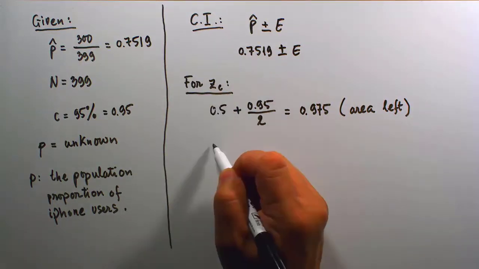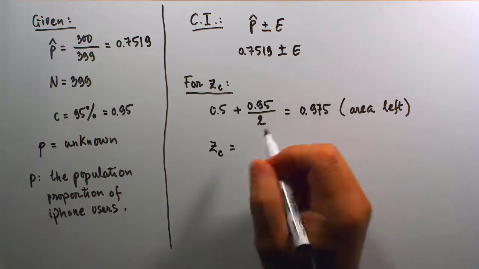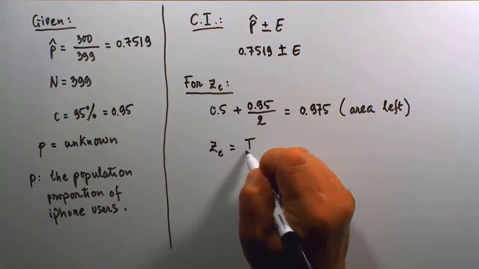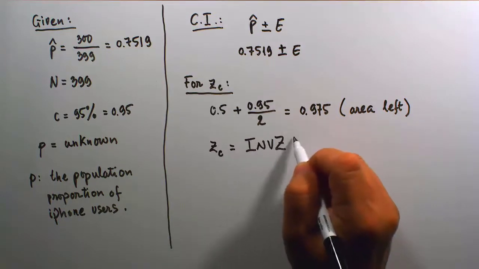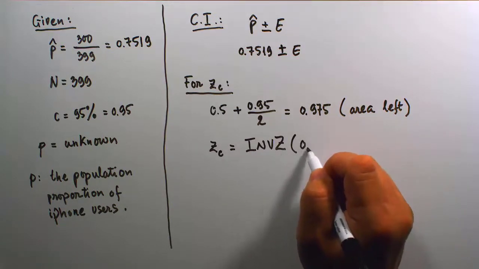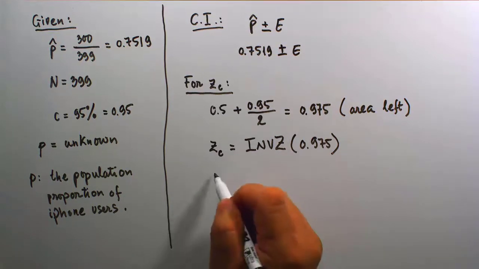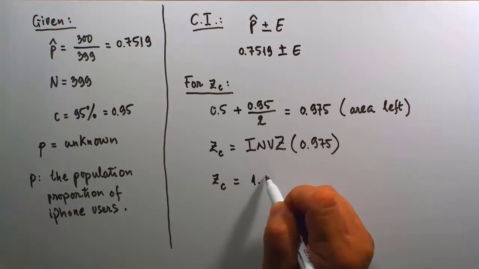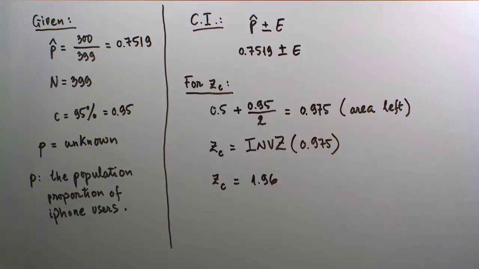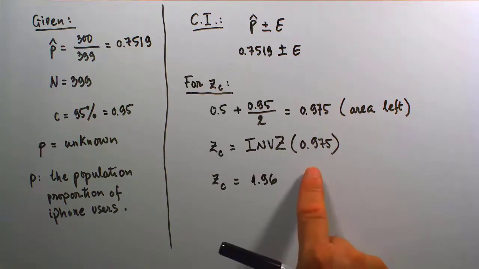And so our final z sub c is going to be the result of running the inverse normal with the provided left area of 0.975. And so final z sub c is concluded to be 1.96.